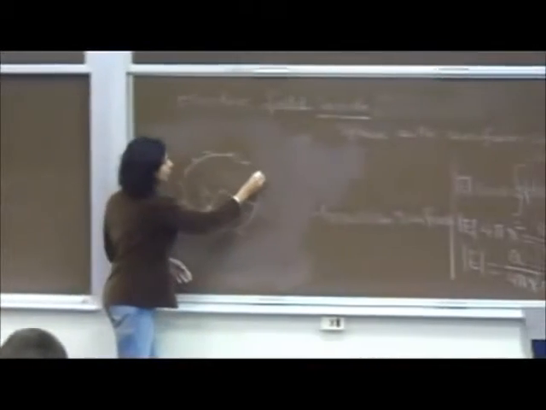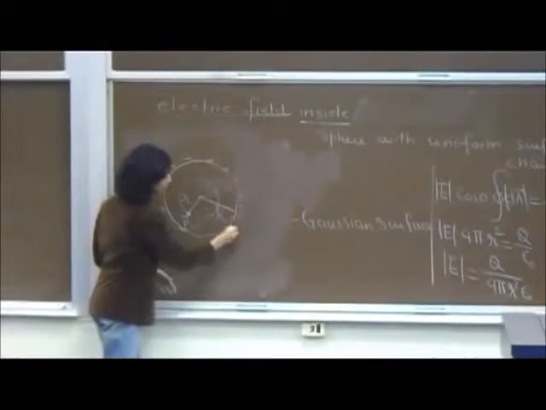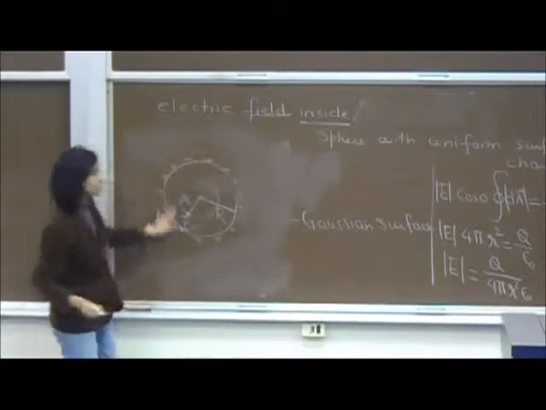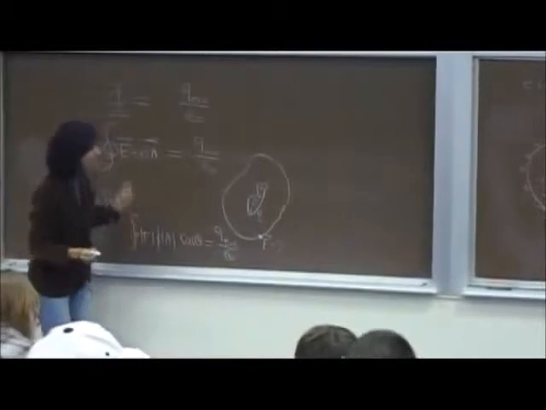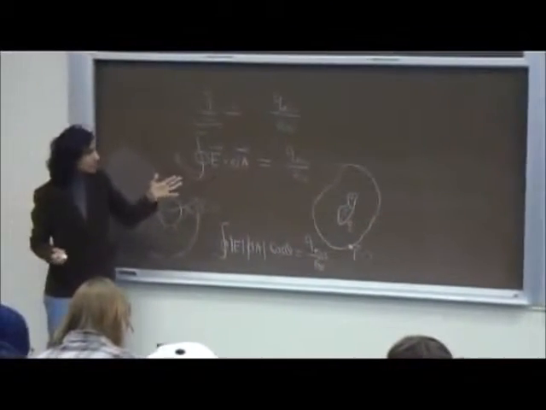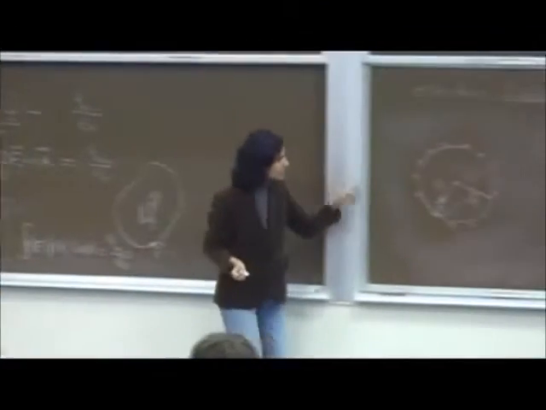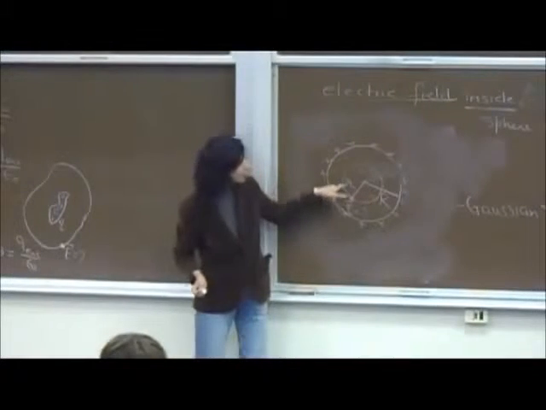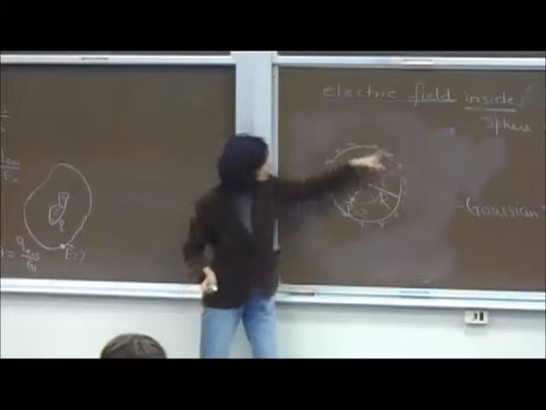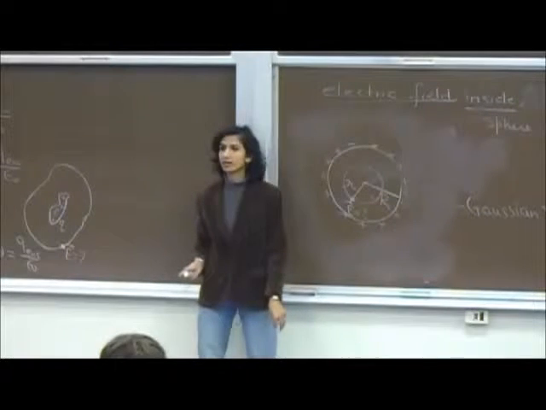Now again, without doing any work, is everybody going to be willing to bet? By the way, charges are uniformly distributed. I cannot show it on the picture, but charge is uniformly distributed on the surface of the sphere. Will everybody vouch to it that the electric field magnitude must be the same at every point on this Gaussian imaginary surface that we have chosen due to all these charges on the real sphere?